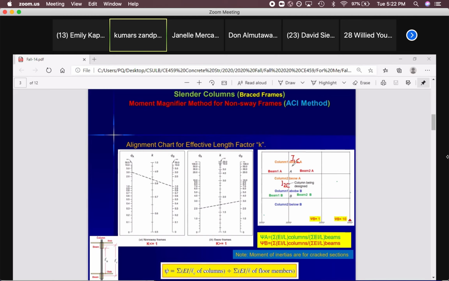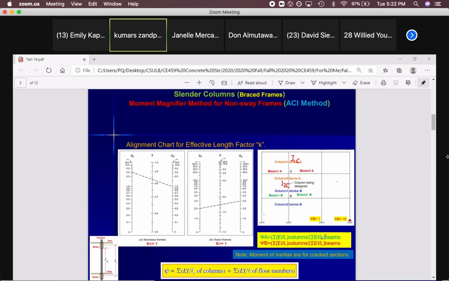So E I1C divided by this length plus E I2C divided by L for this column. So I find this one, sigma EI over L for the columns, divided by sigma EI over L for the beams.